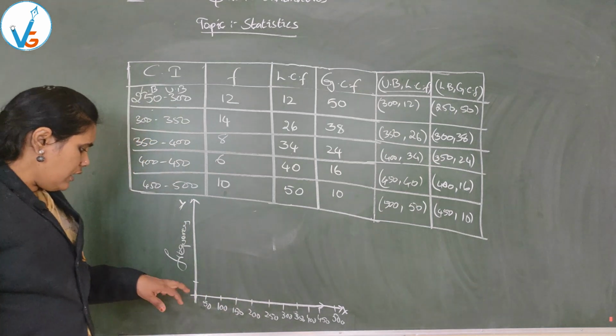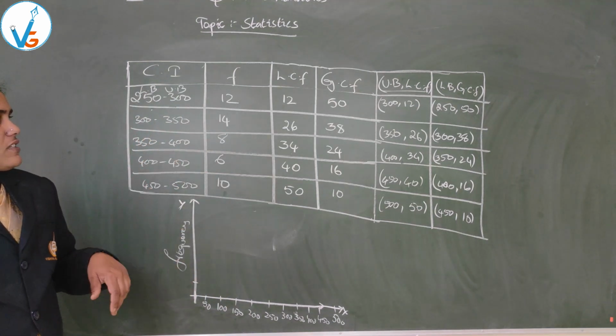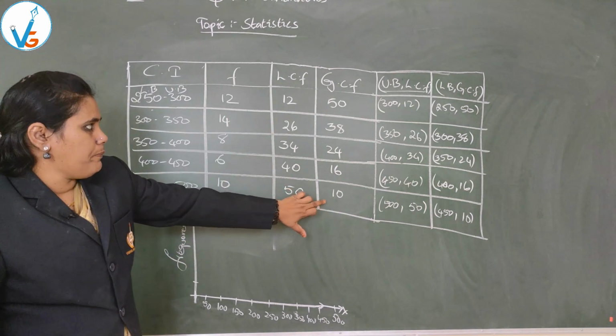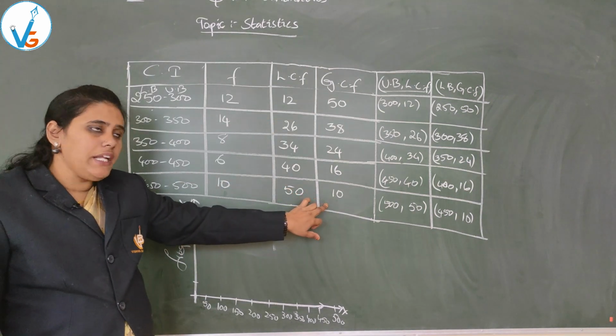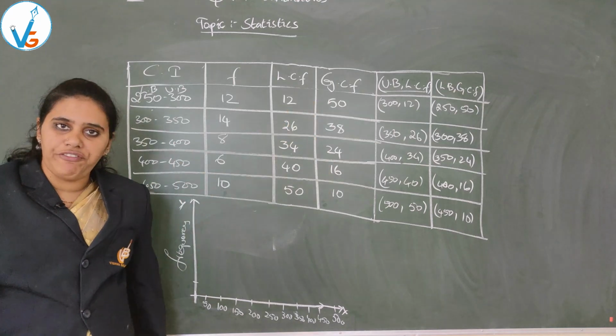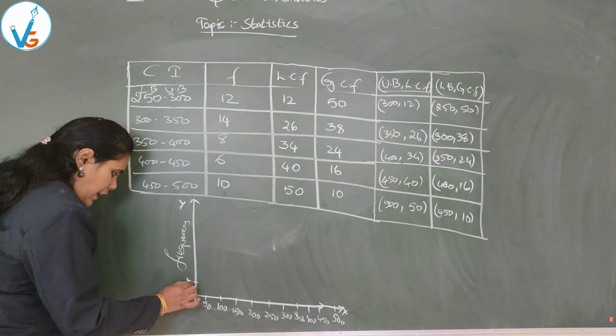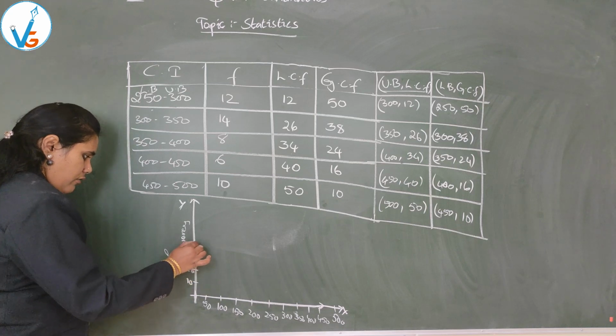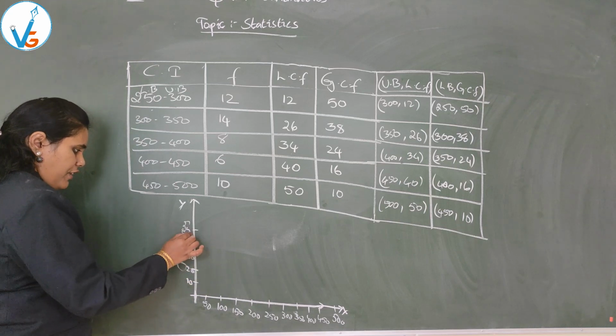Next, here our frequencies. Frequencies are starting from 10. So the lowest value is 10 and the highest value is 50. So we will write 10, 20, 30, 40, 50.